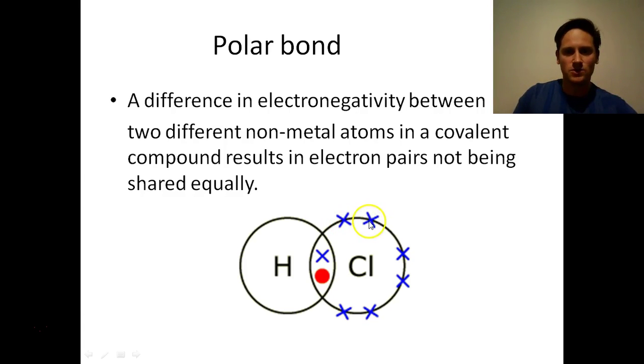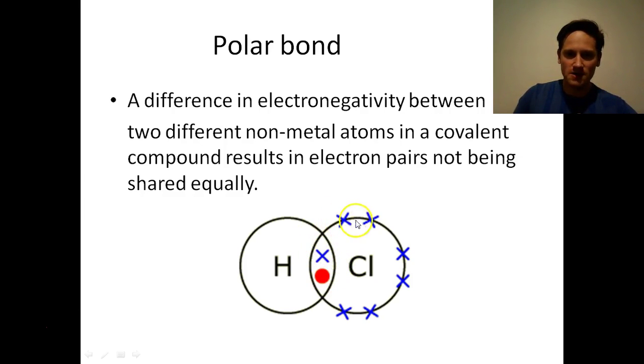So chlorine has 1, 2, 3, 4, 5, 6, 7 valence electrons, and hydrogen has 1 valence electron, which is represented obviously by the red circle. Now in order to get full valence shells, chlorine and hydrogen are going to share 1 electron each. So they're going to share these two in the middle here.